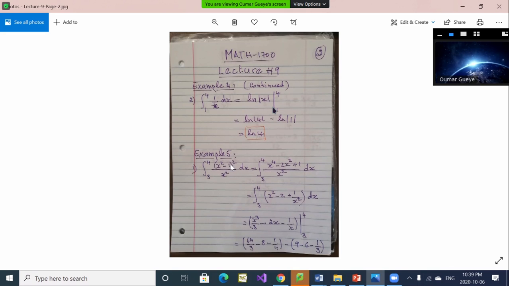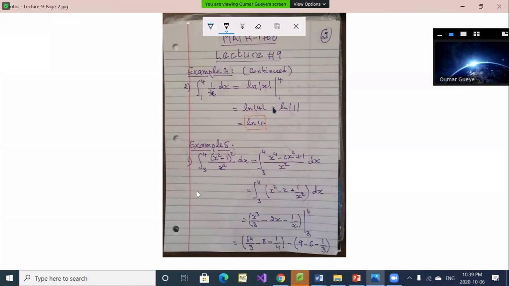Now expand this part. I just use this formula to expand it. If you have (a minus b) squared, the formula is equal to a squared minus 2ab plus b squared, right?